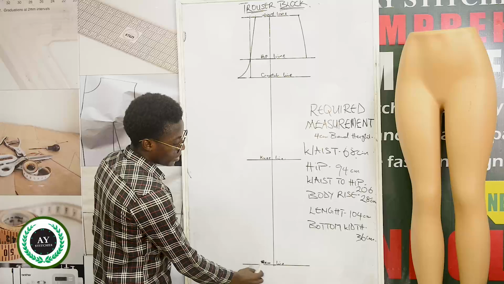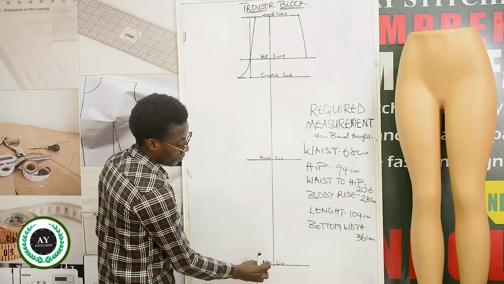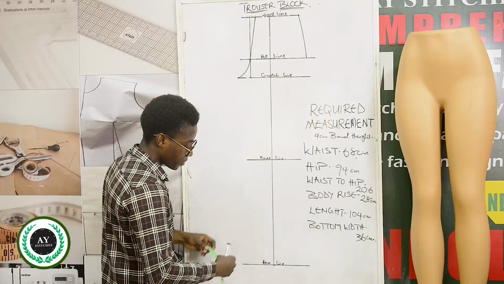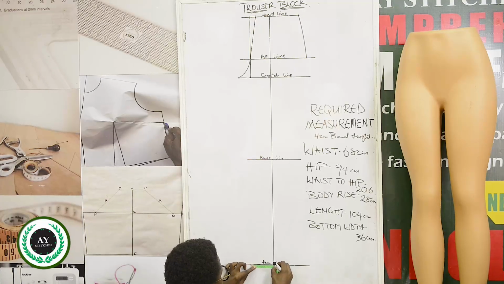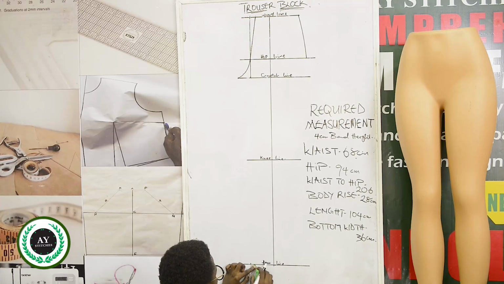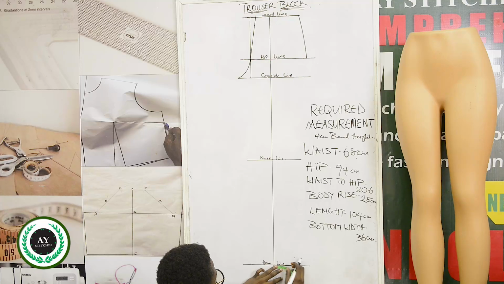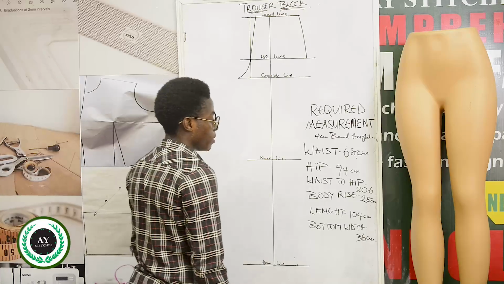So 9 centimeter from the balance line on either side. So 9 centimeter on either side, you have your bottom width measurement.